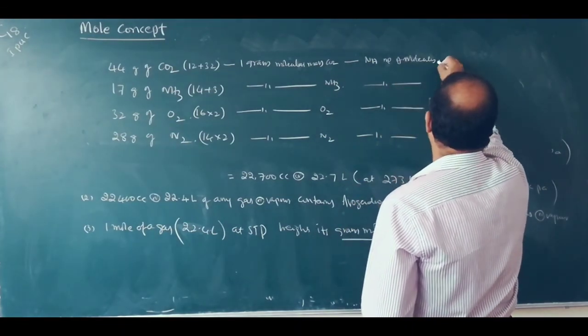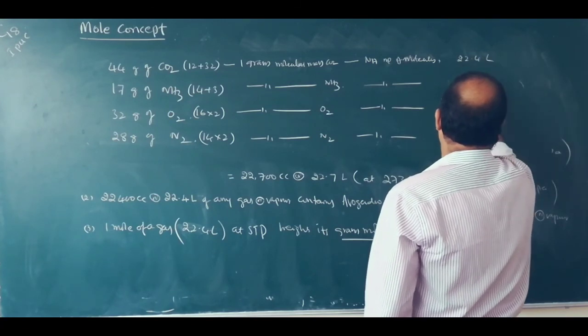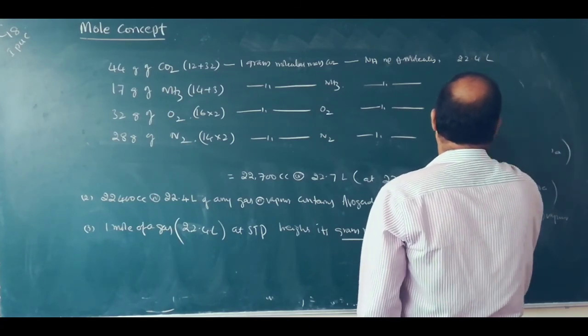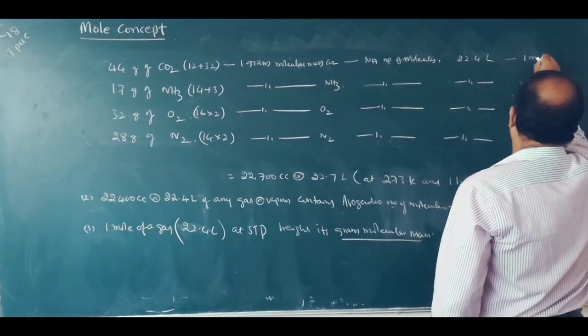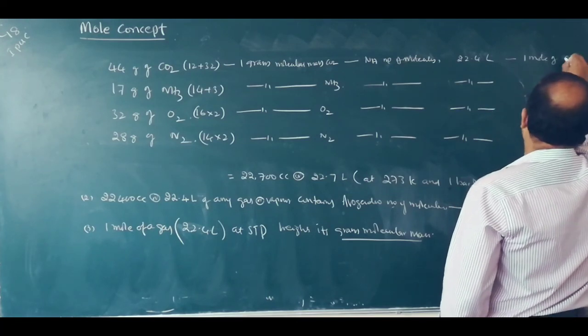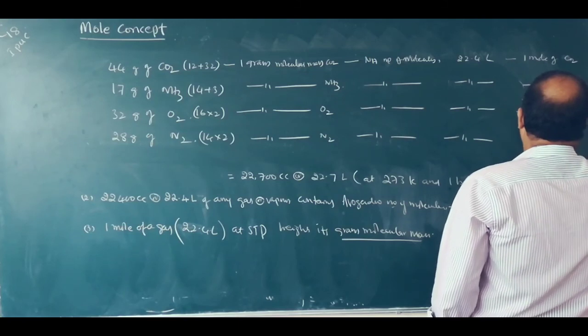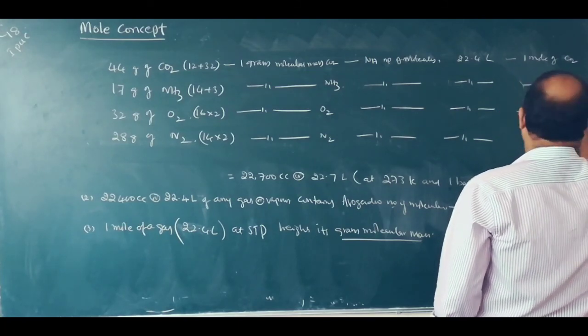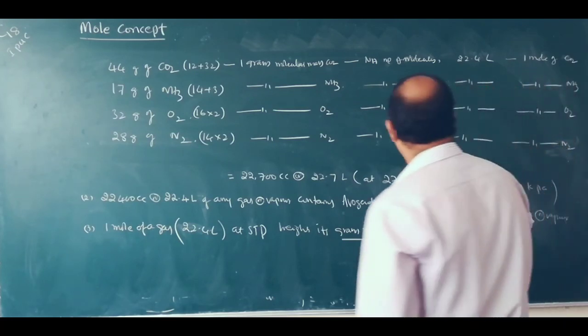And what is its volume? It occupies 22.4 liters, and it is called 1 mole of carbon dioxide, 1 mole of ammonia, 1 mole of oxygen, 1 mole of nitrogen.